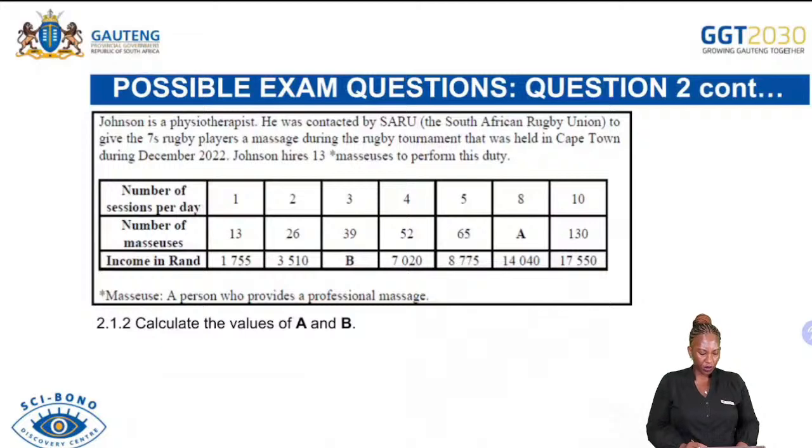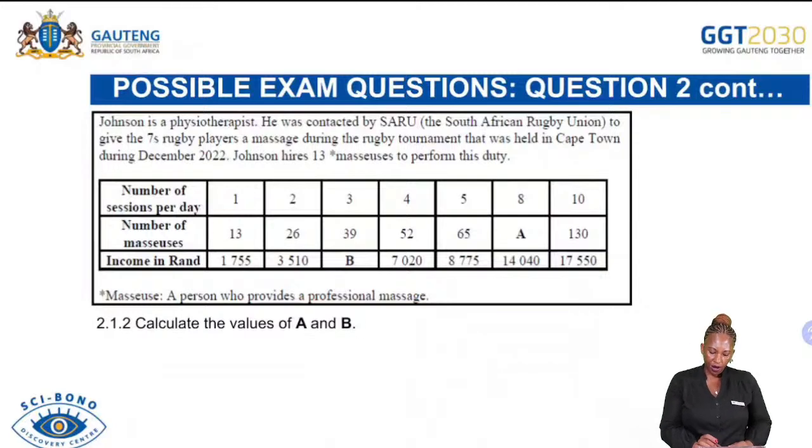1.2, 2.1.1. Calculate the values of A and B. Now, having a look here, A. When we calculate A, we want to know how many massages there were. And then income in rands is how much? 14,040 rand.